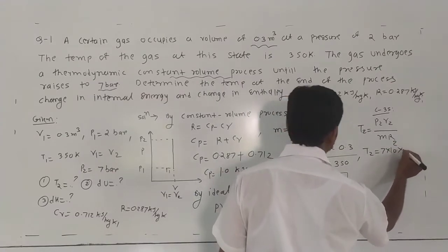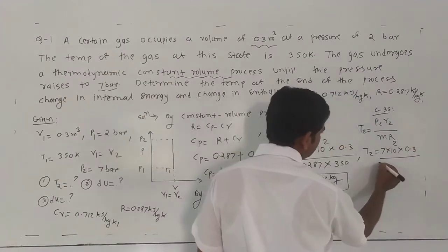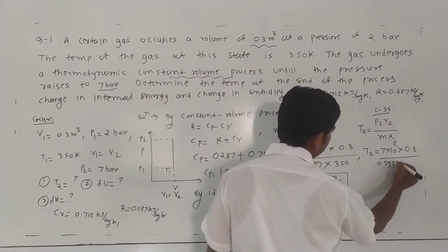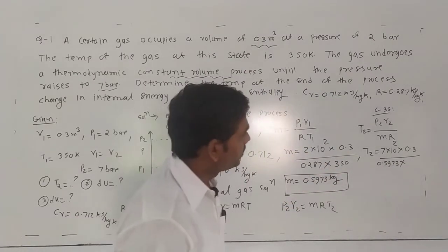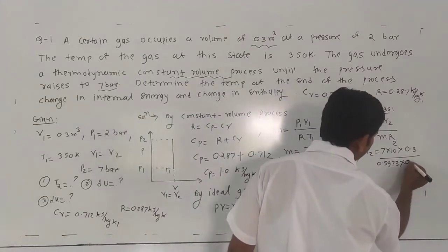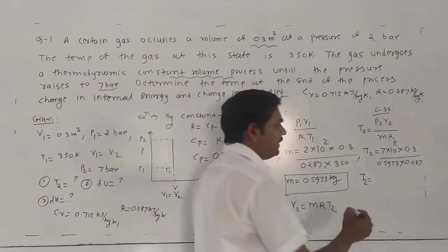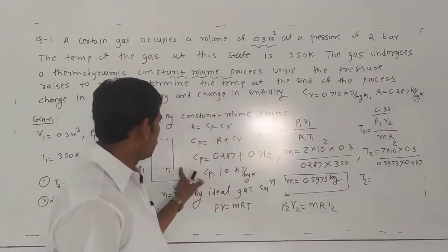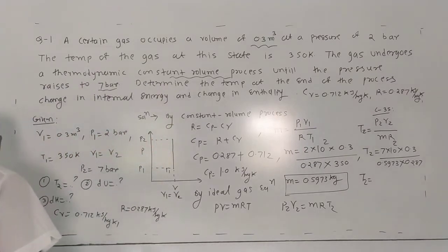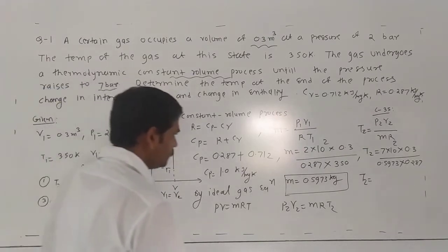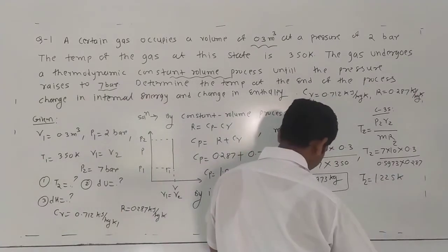Volume is constant, 0.3, upon the mass 0.5973 and R is 0.287. Do the calculation and determine the temperature at the end of the state. The value of T2 is 1225 Kelvin.